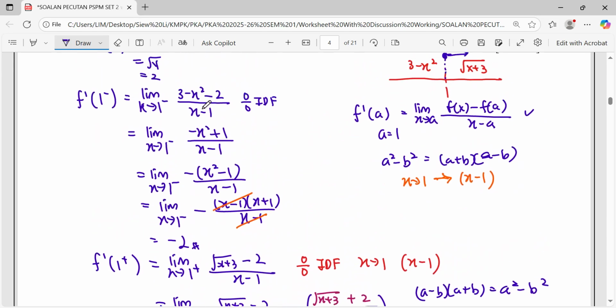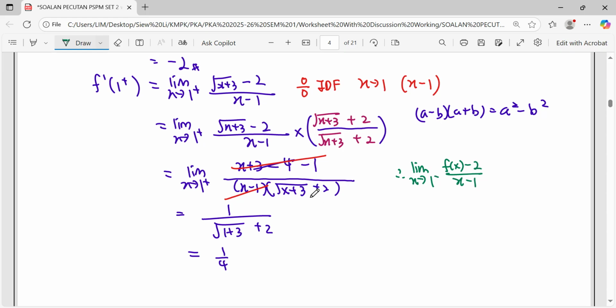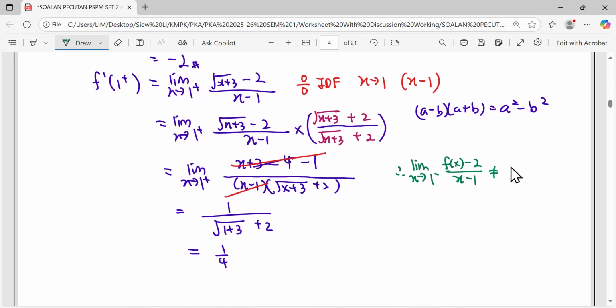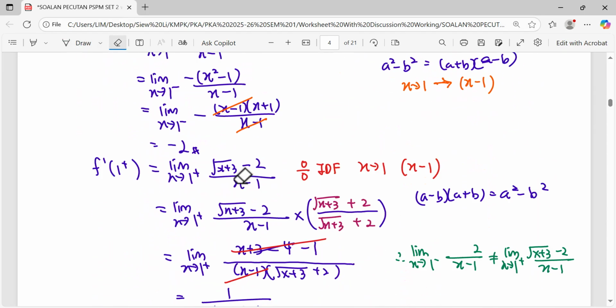Same or not? No. The left hand side limit is negative 2. The right hand side limit is 1 over 4. So from here we give our reason. The limit as x approaches 1 from the left of (f(x) minus coordinate) over x minus 1 is not equal to the limit as x approaches 1 from the right of (square root of x plus 3 minus 2) over x minus 1. This function we can write in full as 3 minus x squared.